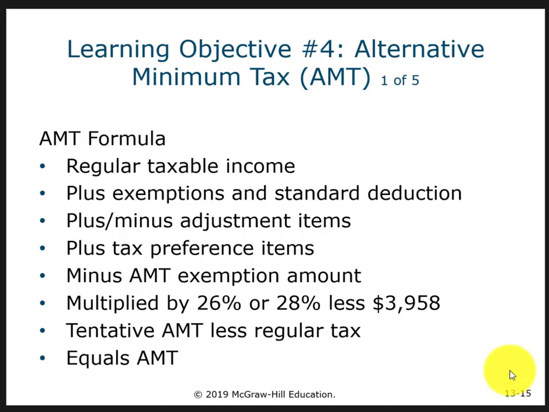And then, like I mentioned earlier, you compare that to the regular tax, and the difference is the add-on AMT. If your AMT is lower than your regular tax, you can ignore it, and you don't have to worry about it.